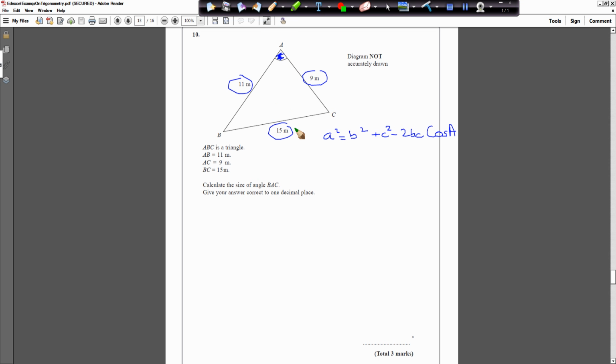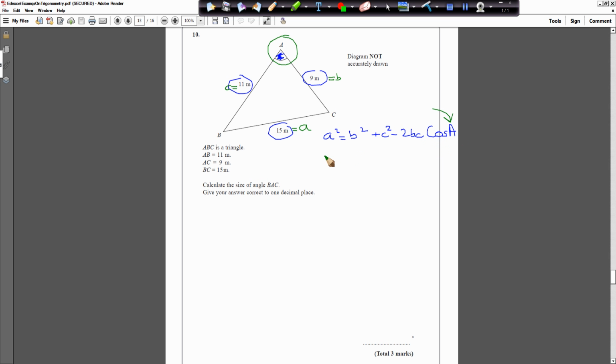So this is going to be our little a. Our diagram is actually in good condition. We don't need to relabel it. Big B, little b, big C, little c. Now we want to work out this angle here, which is the A angle. So we need to rearrange the equation and make cos A the subject first of all.